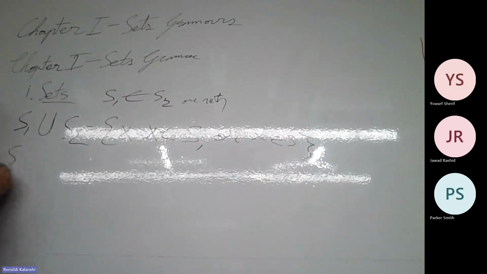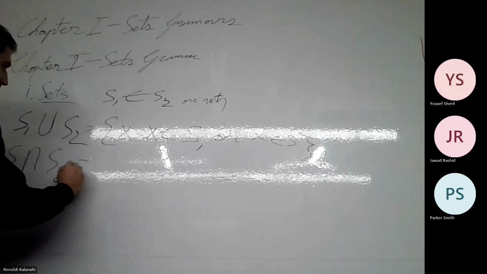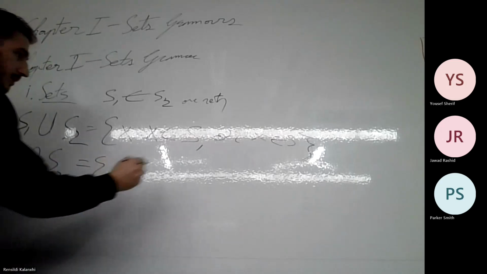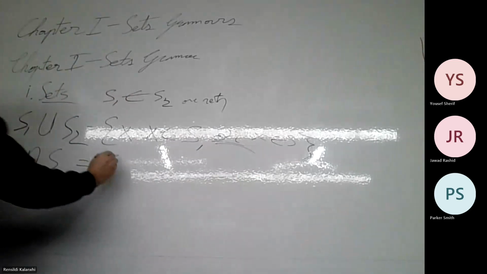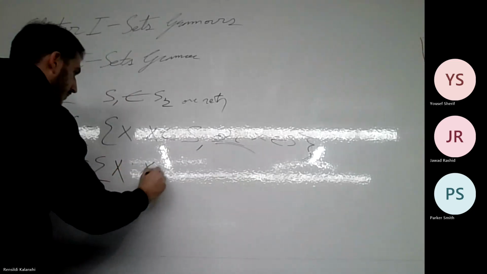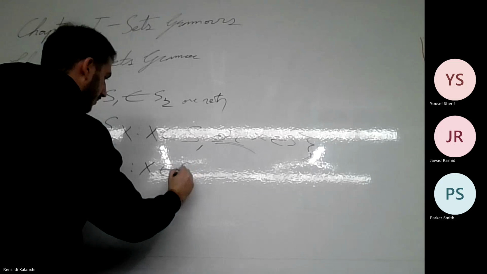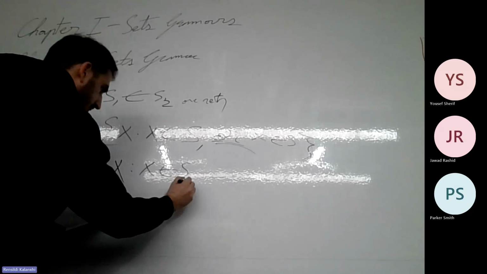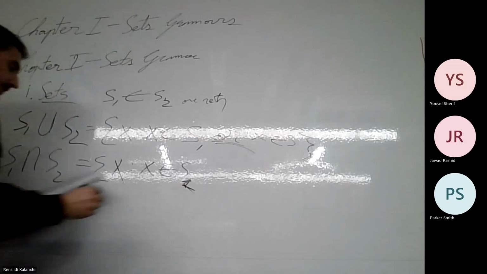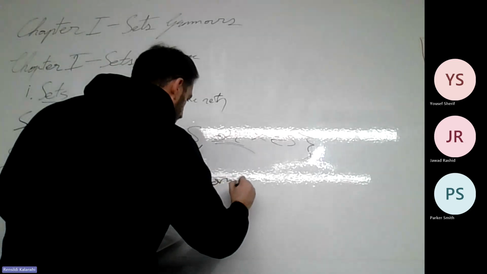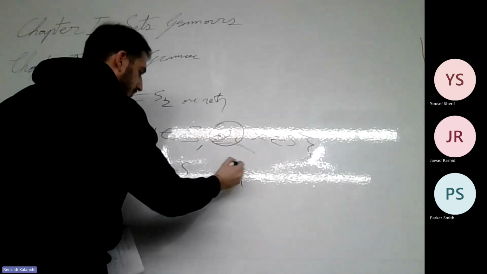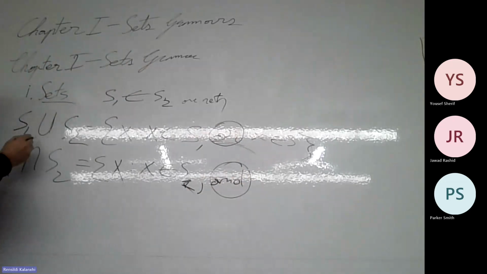And then for the intersection, it's the same. Just include and instead of or for intersection. This is kind of important to remember. For union, it's or, and for intersection it's and.